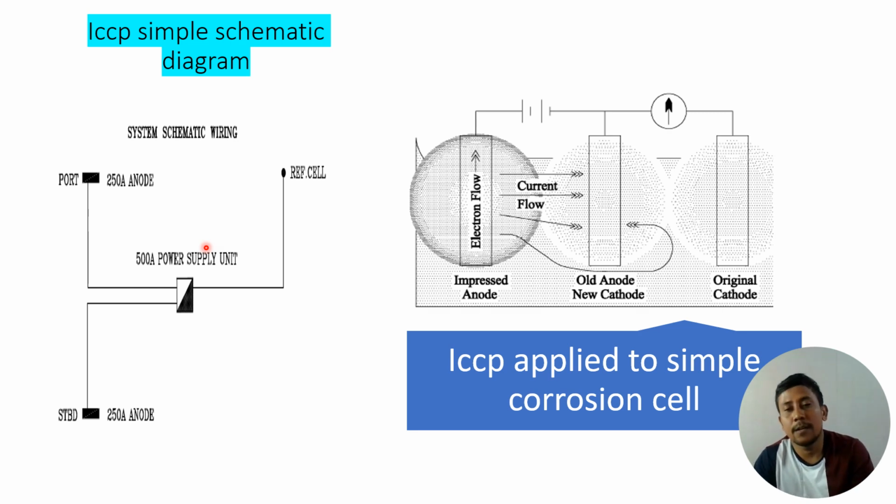So it is providing current to the electrolyte around the ship's hull, that means in the seawater, and reducing the potential difference of the hull with the seawater and making the hull cathodic. That is the simple and fundamental principle of ICCP, impressed current cathodic protection.